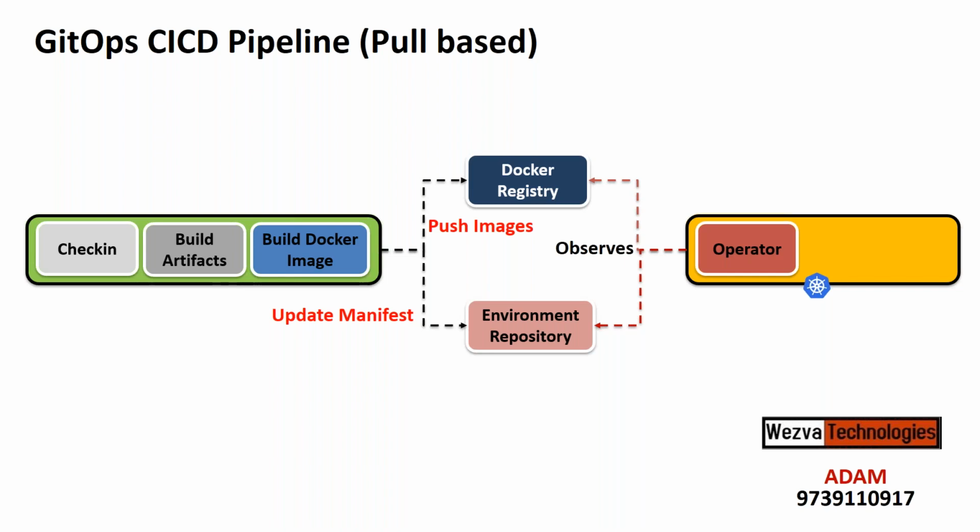It will be monitoring all of them, and if any one of them is changed, it means you have modified your desired state. Then it looks at the actual state, and based on the difference, it takes the content from Git. We tell it which repository and which branch to observe, and whenever you modify your desired state, it will take it and deploy it into your cluster.